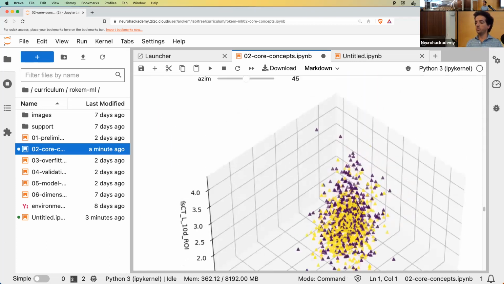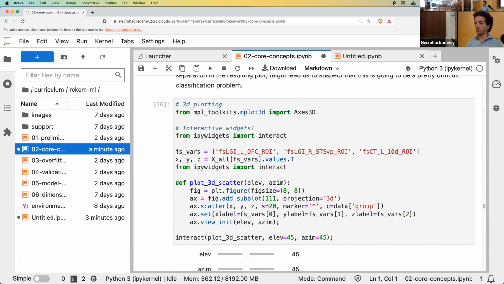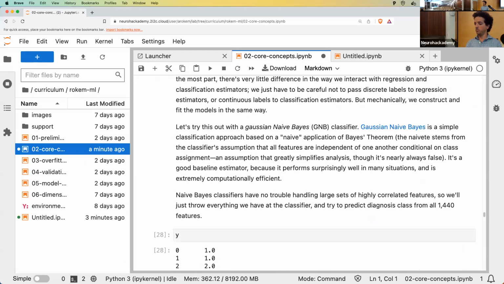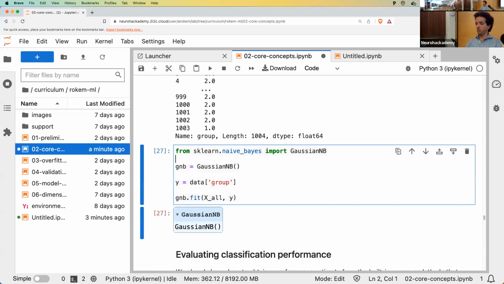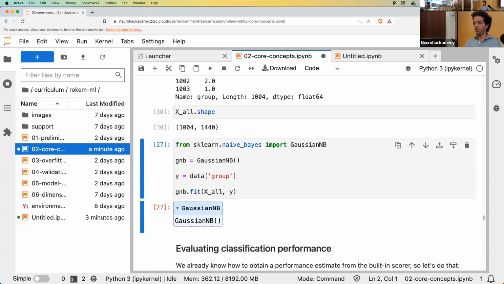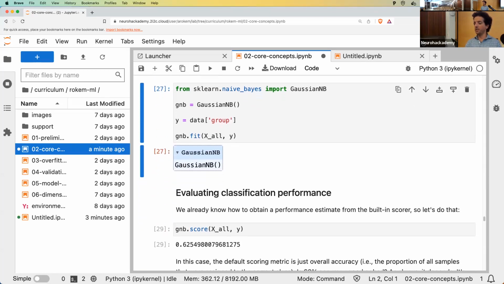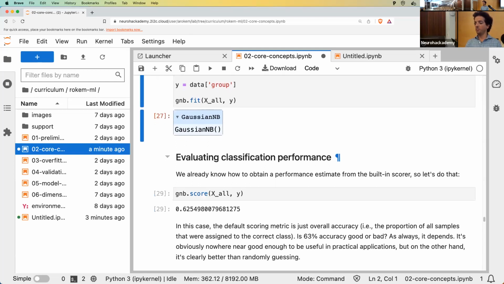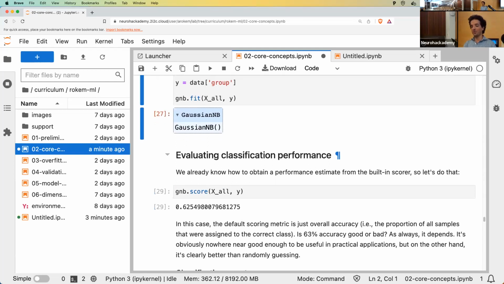So X-all, just to be sure that I understand: yeah, X-all in this case really does have all of the data in it. So it's got a lot of features to work with here.